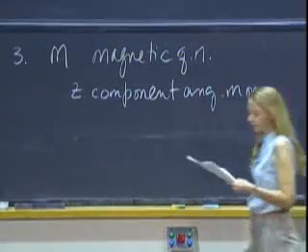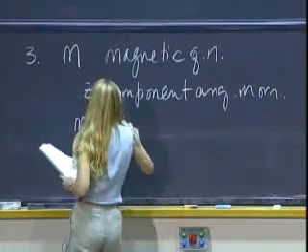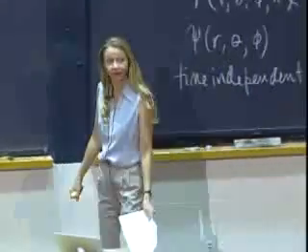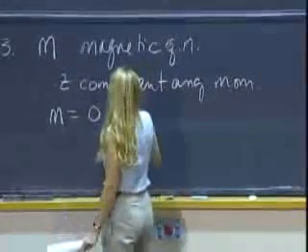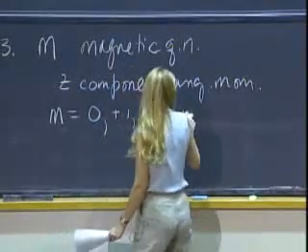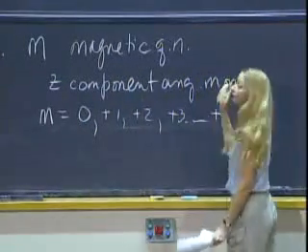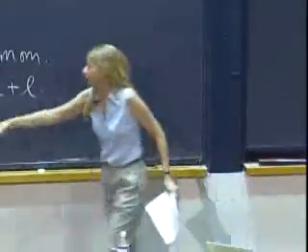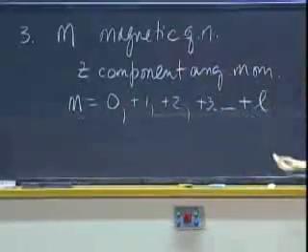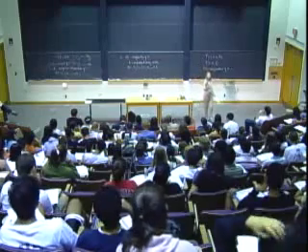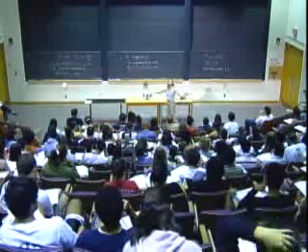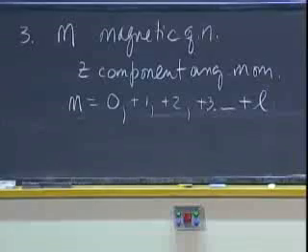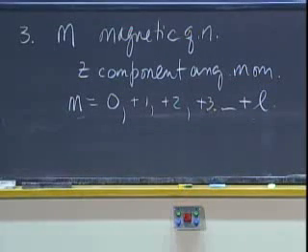And the allowed values of m are m equals 0. You can have no angular momentum in the z component, or plus 1, plus 2, plus 3, all the way up to plus L. And again, m is tied to L. It can't be larger than L, because if it were, you would have more angular momentum in the z component than you had total angular momentum, and that's a no-no.